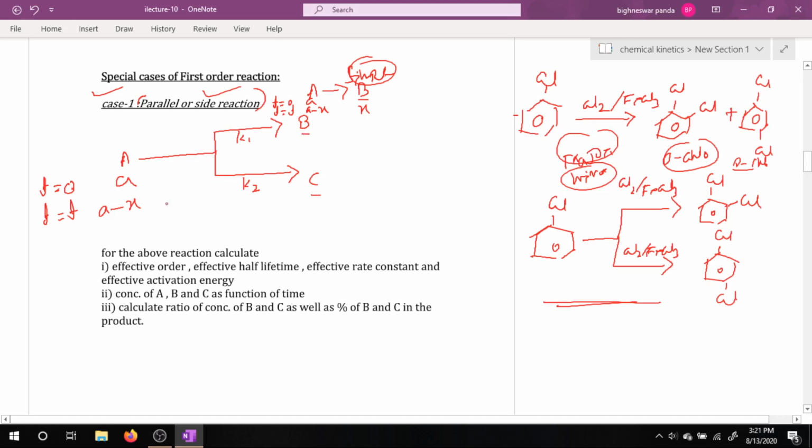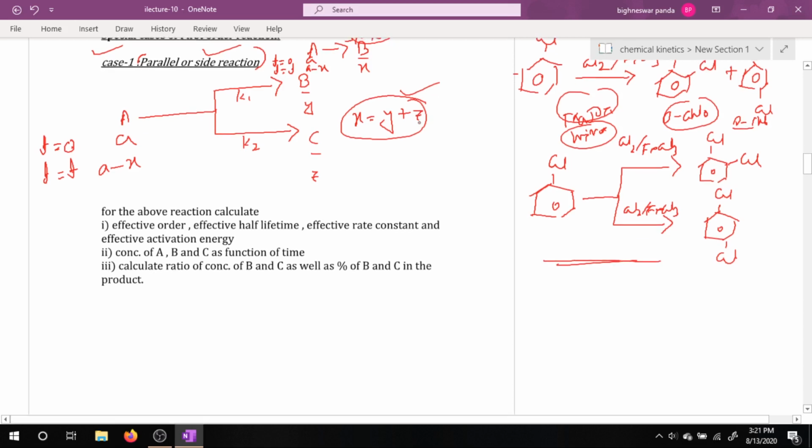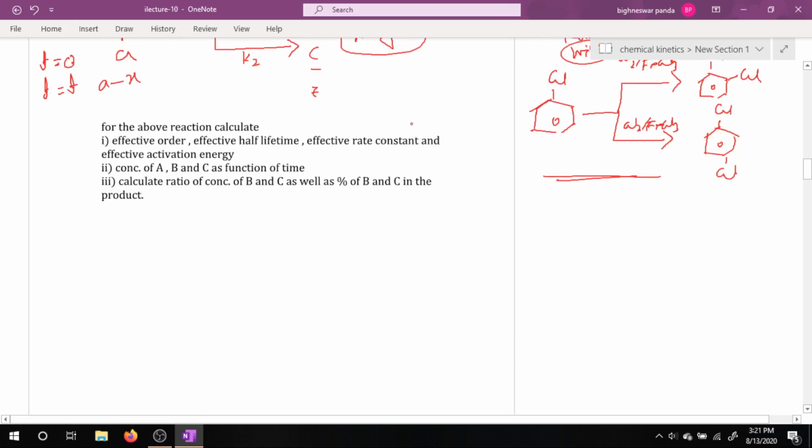After time t, if x amount of A has dissociated, then y amount of B and amount of C will be formed, if the stoichiometric coefficient is 1:1. For this parallel reaction there are some things we have to calculate: effective order, effective half-life, effective rate.